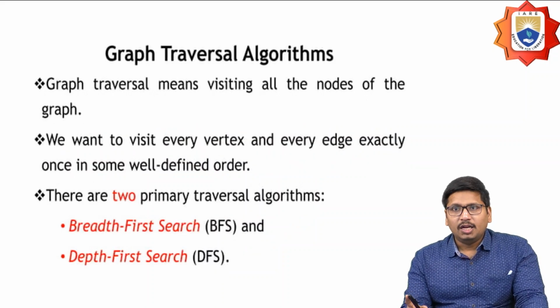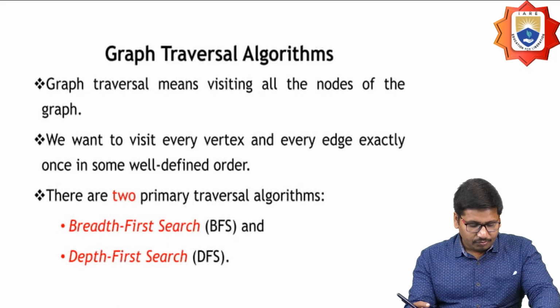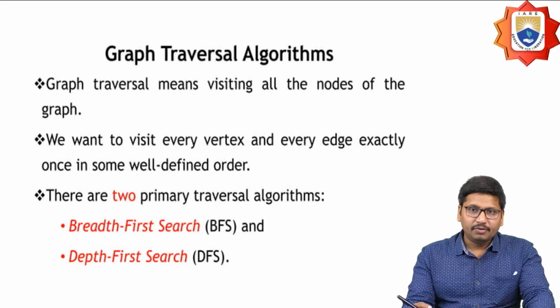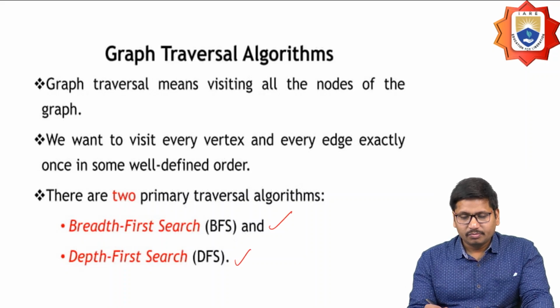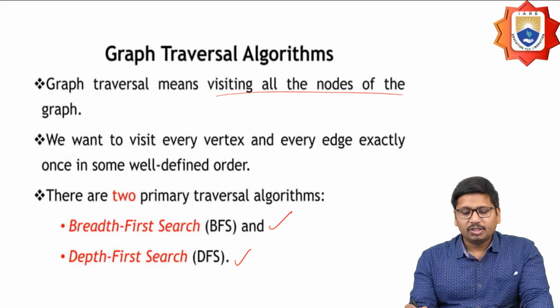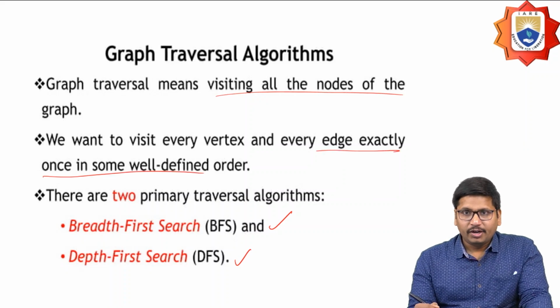So graph traversal algorithms. In graph traversal algorithms, there are two types of algorithms, BFS and DFS. DFS means depth first search, and BFS means breadth first search. Normally traversing means visiting all the nodes of the graph exactly once in a well-defined order.